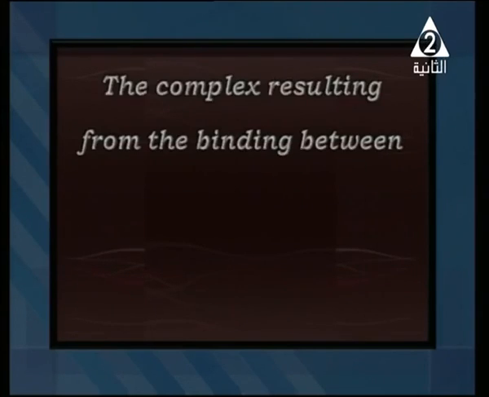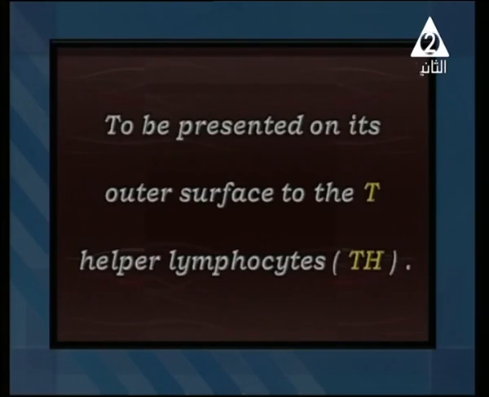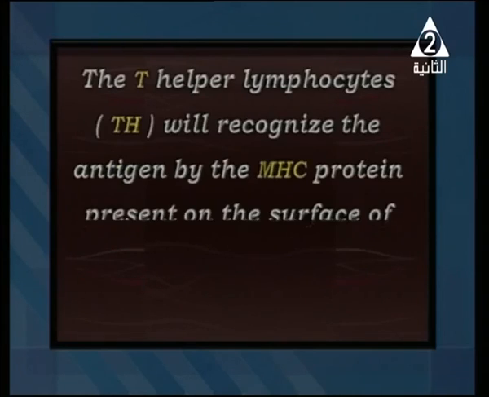The complex resulting from the binding between the antigen and MHC2 is transferred to the plasma membrane of the macrophage to be presented on the outer surface, to the T helper lymphocytes. And we have here a picture to show us what happened.